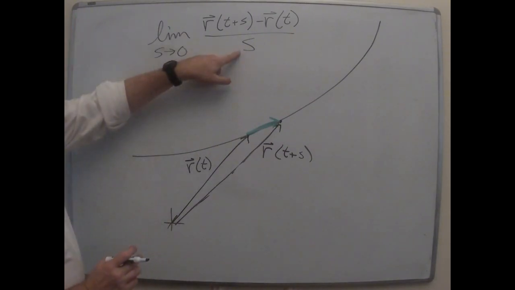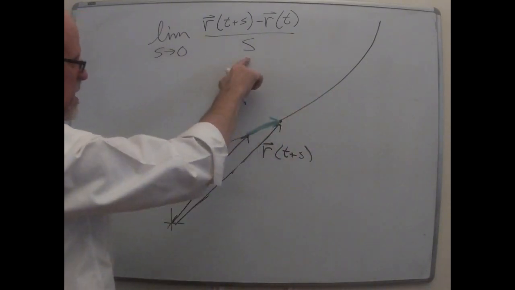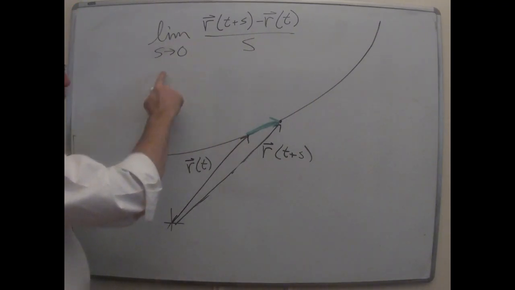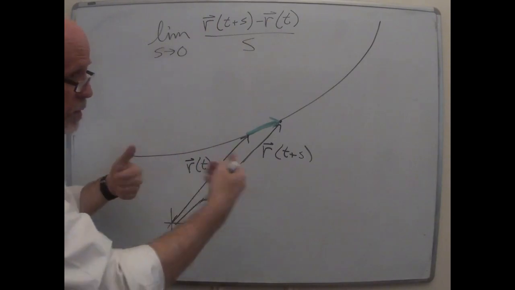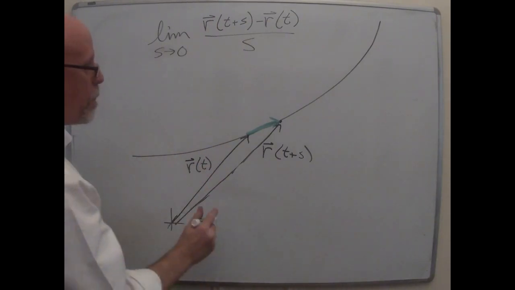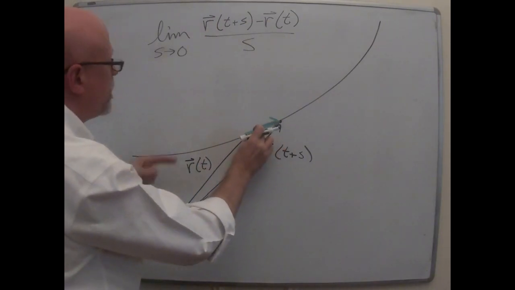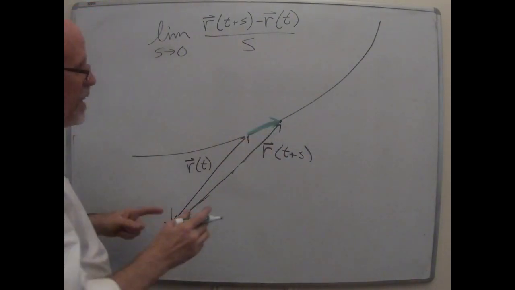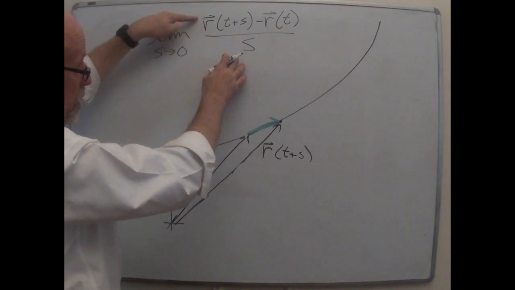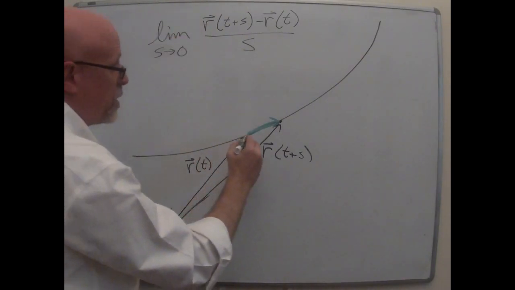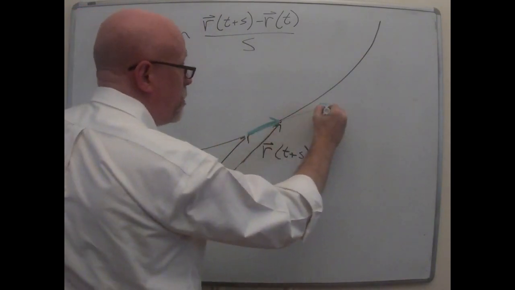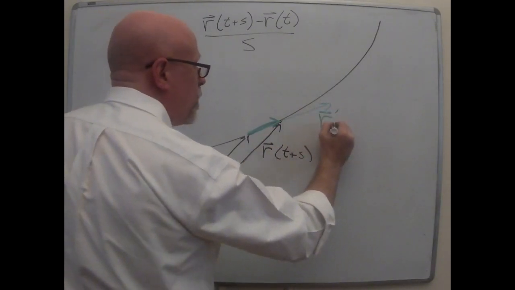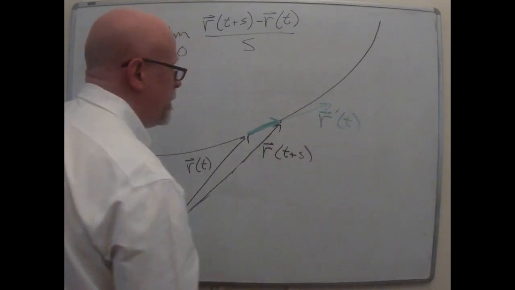But then we divide by s, which makes it bigger again, because you should think of s as being a relatively little number, going towards 0. When you divide by something small, that's like multiplying by something big. So the vector shrinks, and then we divide by s, which makes it grow again. In other words, this limit actually exists, and the vector that it's converging on has a nice, good, palpable size. That's the interpretation of r prime at t.